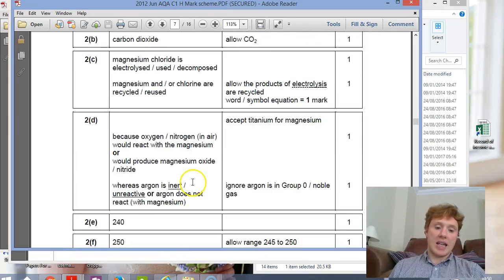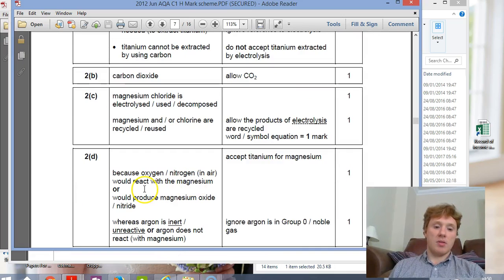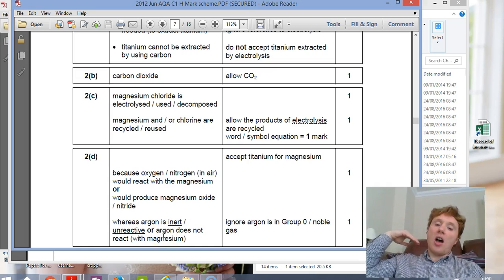Right, it is because the magnesium would react with oxygen or nitrogen in the air. And argon is inert or unreactive, so you have to use the words inert or unreactive, or argon does not react. Whenever you do something at a high temperature, you're at risk of it reacting with the oxygen in the air.